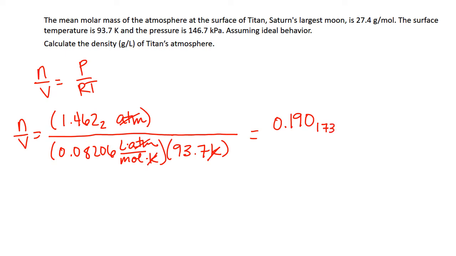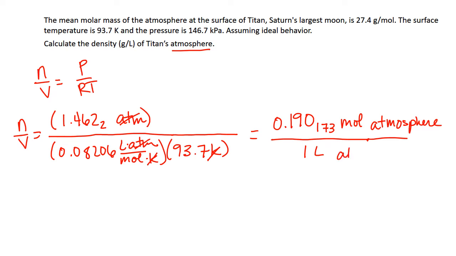So 0.190173 moles divided by 1 liter. Okay, so my answer is moles per liter. I can put a 1 in front of that liter and it doesn't change anything. And since every one of these numbers had to do with Titan's atmosphere, I have that many moles of atmosphere per liter of atmosphere.